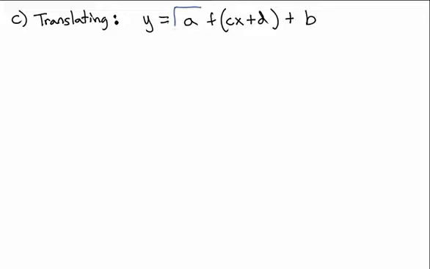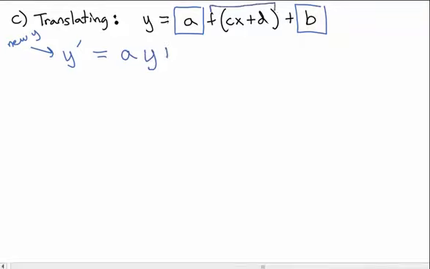The stuff outside of the function affects the y coordinate. To get our new y coordinate, we're going to call that y prime, our new y, what we do is we say we take a times y, notice the y replaces the f of x, plus b. It does exactly what we expect it to do.